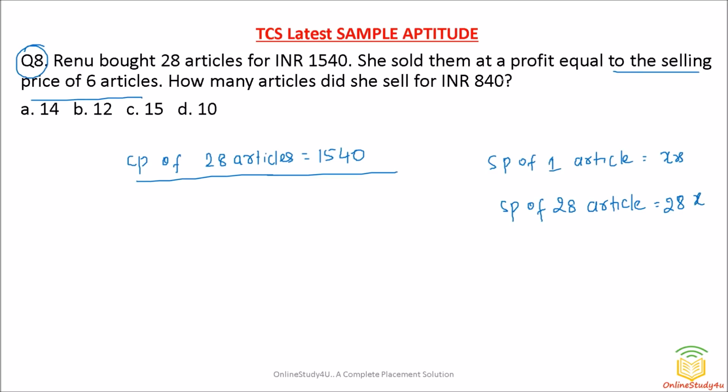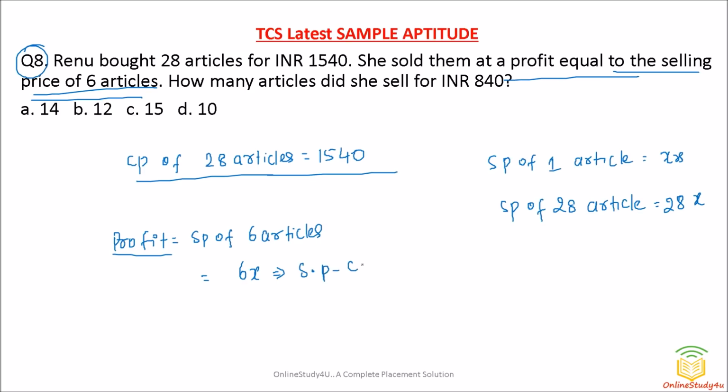The profit is equal to the selling price of 6 articles, which is 6x. And profit is the formula selling price minus cost price. So the selling price of 28 articles is 28x and the cost price of 28 articles is 1540.